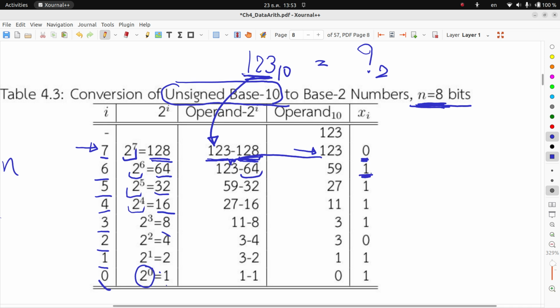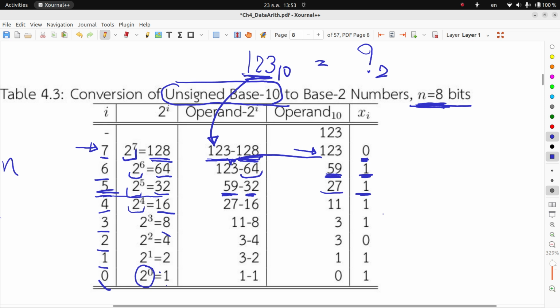So we put 1. What is the remainder? 59. So put 59, subtract the positional value of bit 5. You get subtractable? Yes. Remainder is 27.